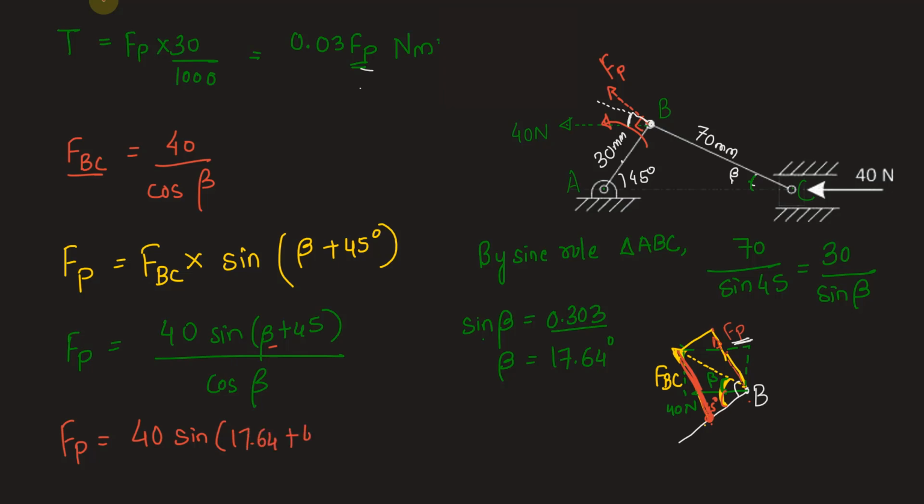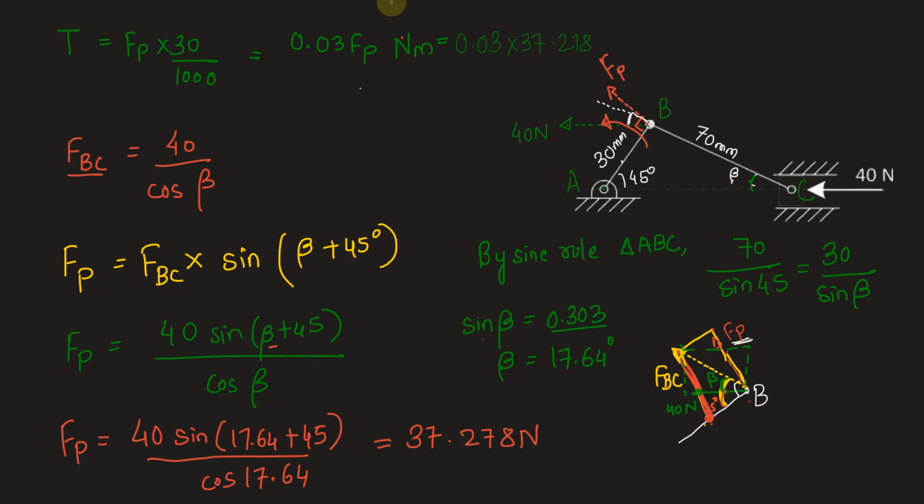Now putting this value of beta here, we will have Fp will be equal to 40 into sine 17.64 plus 45 divided by cos of 17.64. Calculating this in the digital calculator, we will get value of Fp to be 37.278 Newton. Putting this value here, we get 0.03 into 37.27.